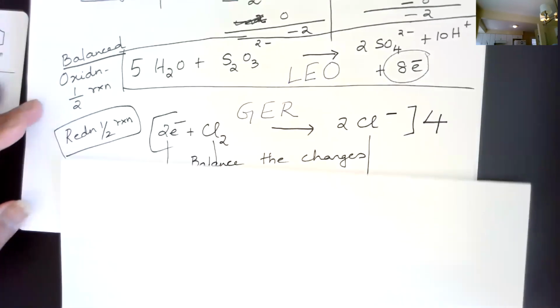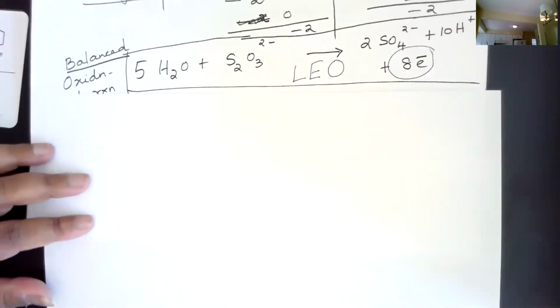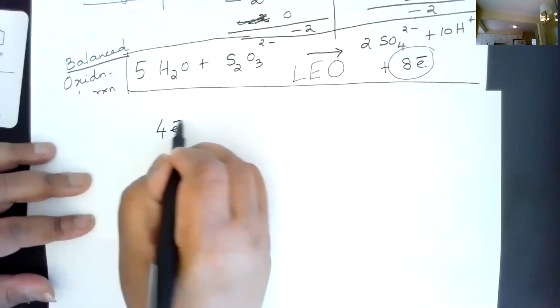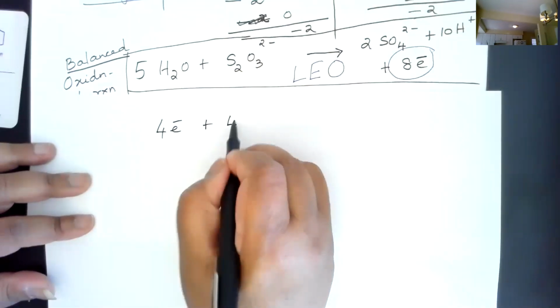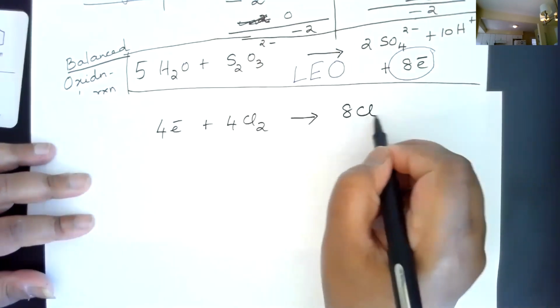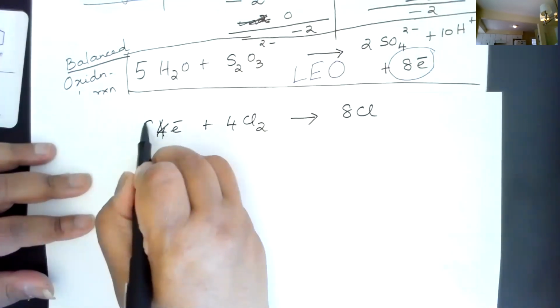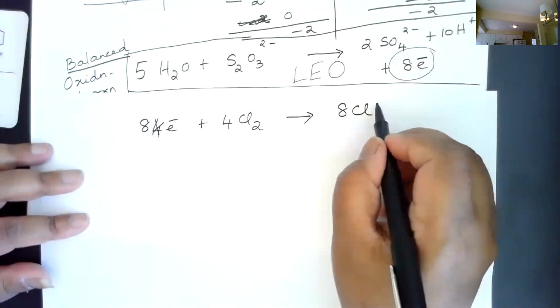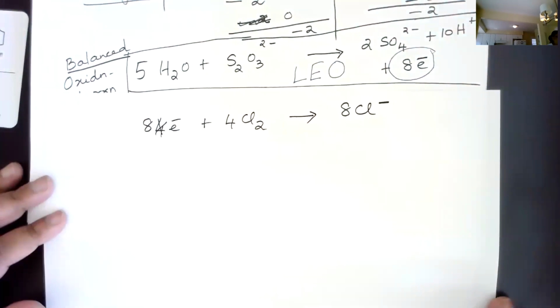So I'm going to rewrite this here. 4 Cl2 plus 8 electrons giving 8 Cl minus.